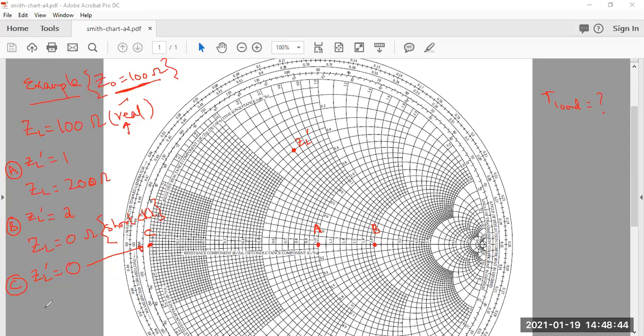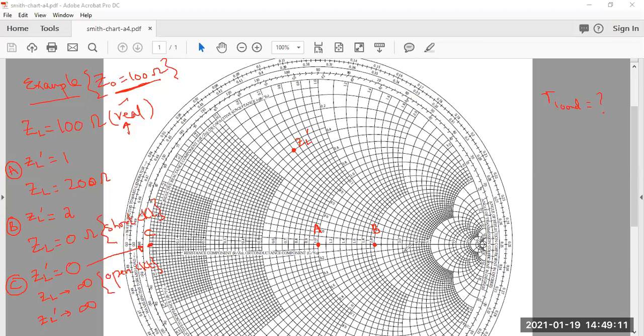Similarly, if you are dealing with an open circuit load, so now if ZL is almost infinity, this is now an open circuit load. So ZL dash will also approach infinity. So where is this point? You can see the values are increasing towards the right.